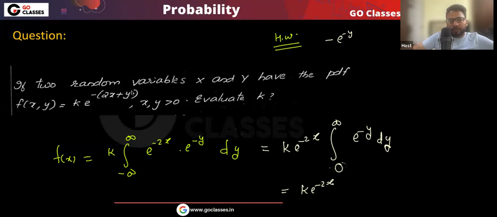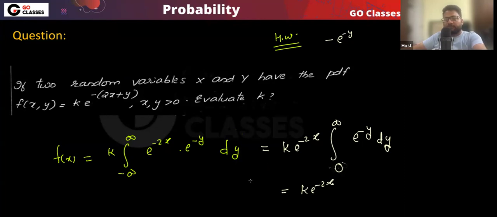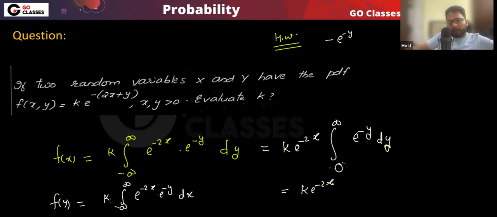Or it will be k by 2, so I just need to check. Okay, so let's just find out f of y. It is k into minus infinity to infinity e power minus 2x into e power minus y into dx. So e power minus y you can take outside.